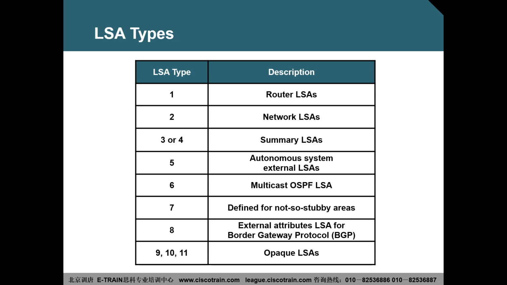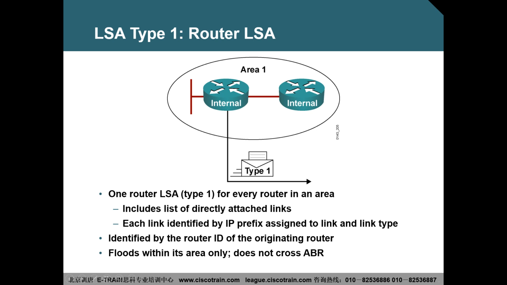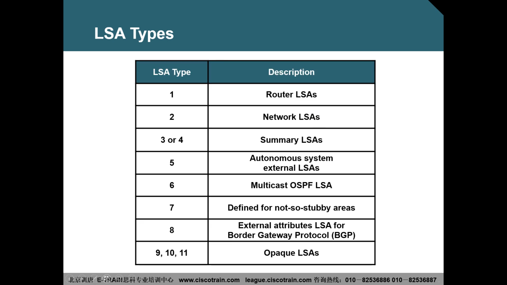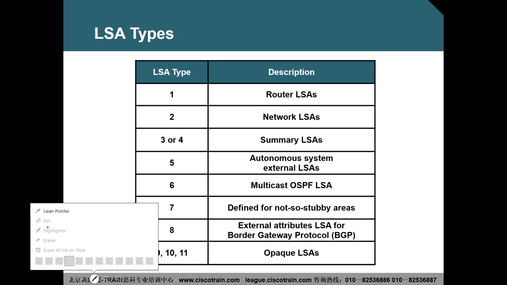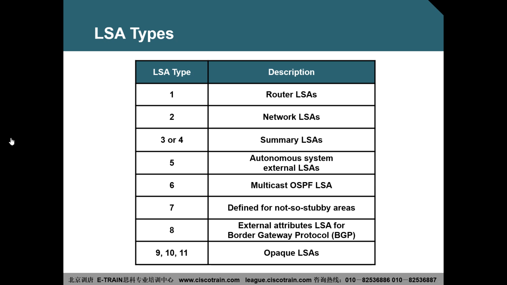Now this type 2 LSA, called network LSA, comes only from the designated router. Router LSA comes from every single router.